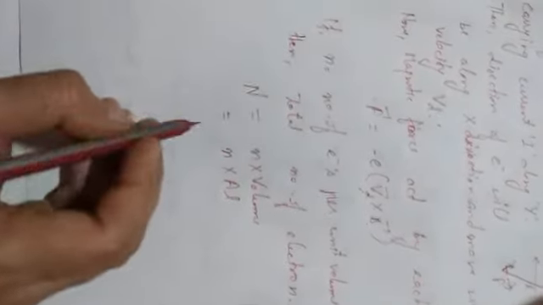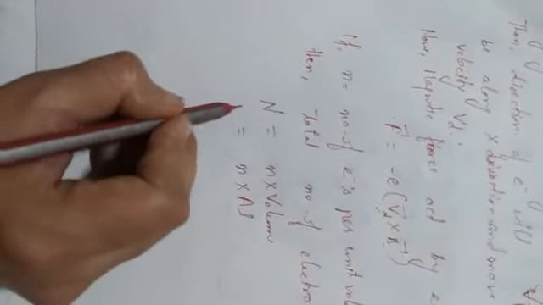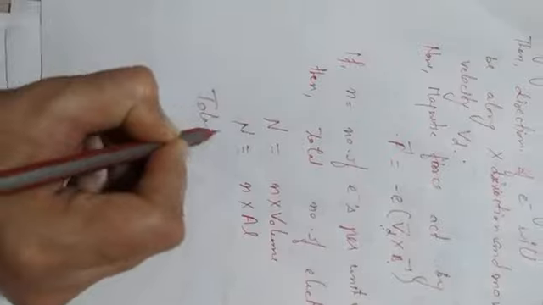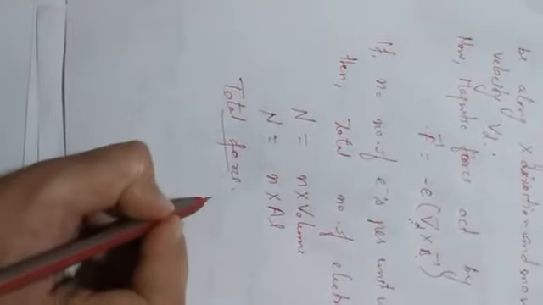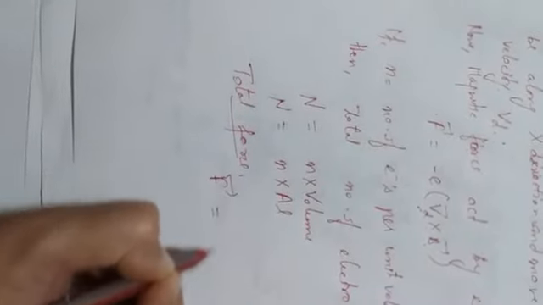Now this is the total number of electrons present in this conductor, so the total force on this conductor we can write as F equal to n multiplied by F dash.